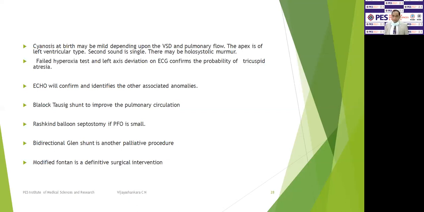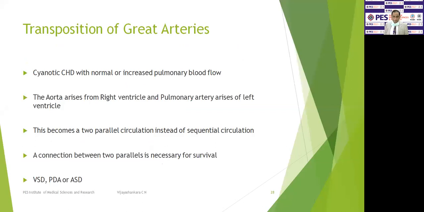Rashkind and bidirectional Glenn shunt is another palliative procedure which can be done. Modified Fontan, as was described in the previous condition, pulmonary atresia, can also be a definitive surgical intervention in a child with tricuspid atresia.